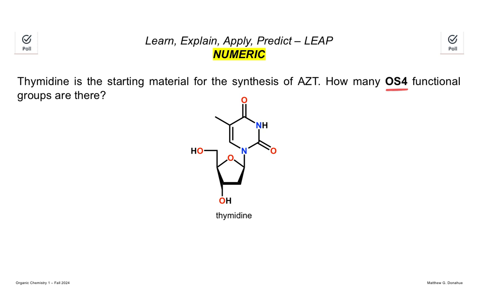There's just 1, and that's called a urea. So notice nitrogen is involved in functional groups with 2 different oxidation states.